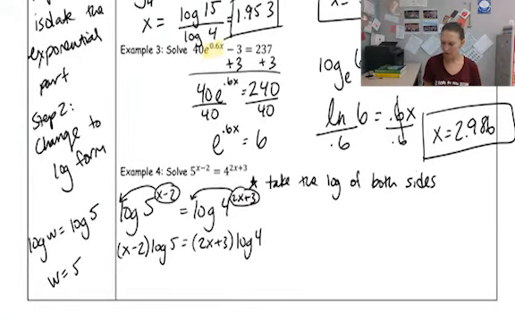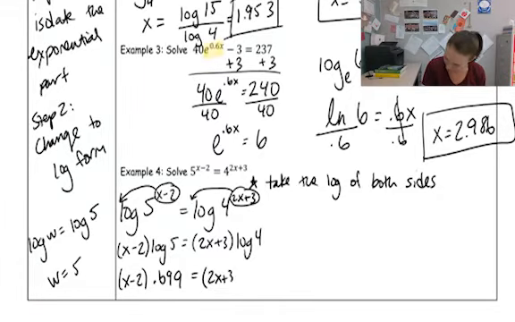Now the log of 5 and the log of 4 are just decimals. If you plug the log of 5 in your calculator, you get a decimal. So this is the same as x minus 2 times 0.699 and 2x plus 3 times 0.602.